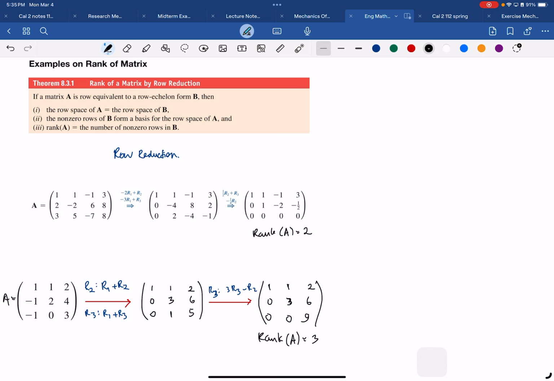And basically, rank in practical meaning doesn't really compute or apply anything. It's just a tool to analyze whether the solutions are consistent, inconsistent, and so on. I think that's just a small note.